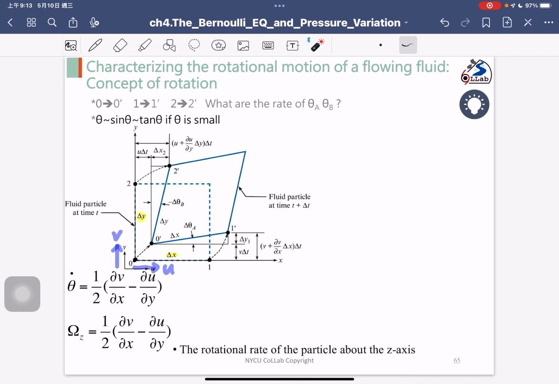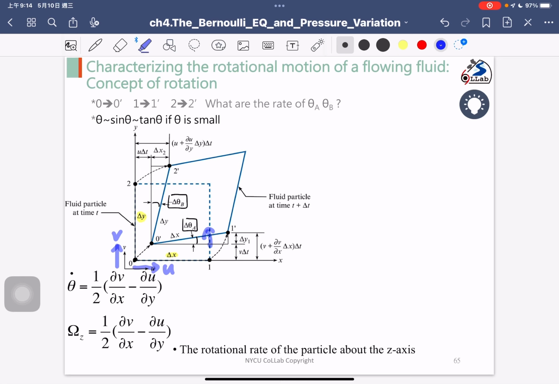Okay, and we define the theta angle here as theta A. Okay, here is theta A, and we define another theta angle here, and we call that minus theta B. So how is the difference? As you can see, by your right hand, the theta A direction of rotation is counterclockwise. So by your right hand, the sign is a positive rotation angle.